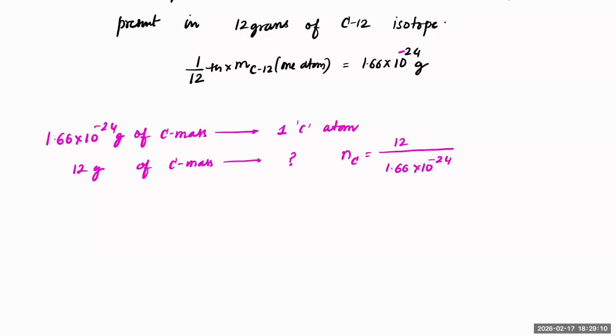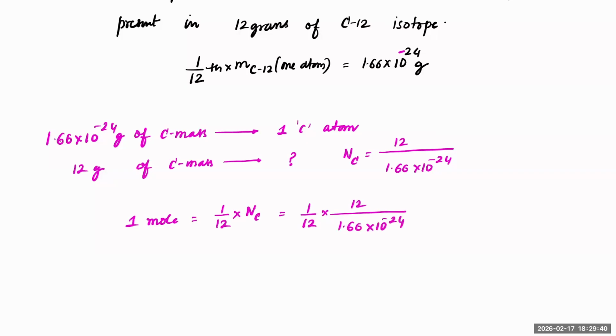Yes. Now, if I take this, I need to check out 1/12 of this, which is going to give you the mole formula. Correct? So one mole will be equal to 1/12 of the number of carbon atoms, which is equal to 1/12 of 12 divided by 1.66 into 10 raised to the power of minus 24.